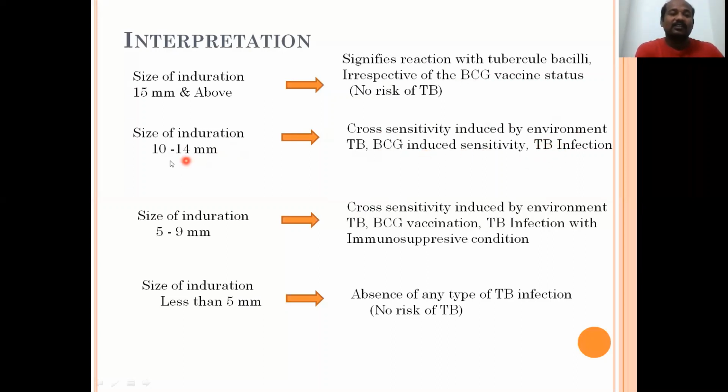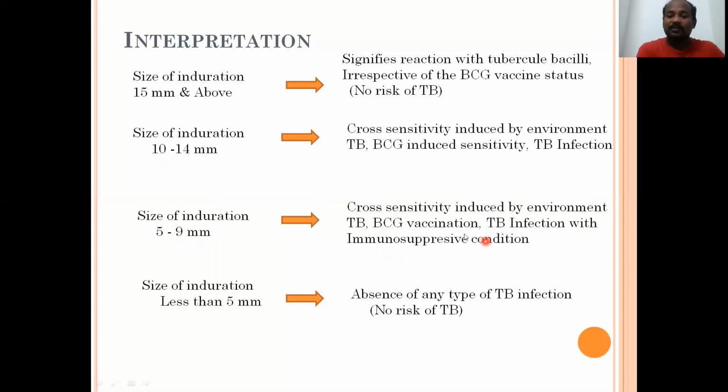If the induration is around 5 to 9 millimeter, that shows a cross reactivity induced by environmental mycobacteria and or BCG vaccination, and TB infection with immunosuppressive conditions.